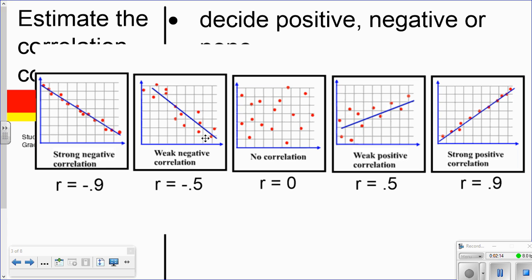This one has a weak negative correlation, -0.5. Third example, no correlation. The fourth example, there's a positive correlation, but the dots are not very close, so we'll call it weak, and it's 0.5. And this last one is strong. All the points are fairly close to our best fit line, so 0.9.